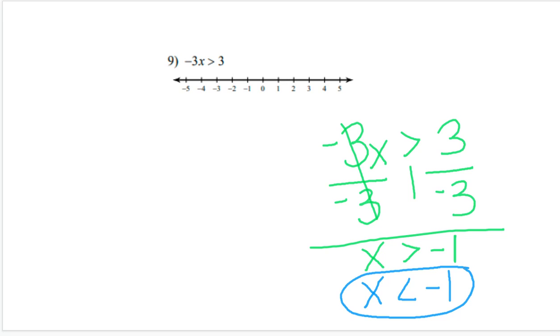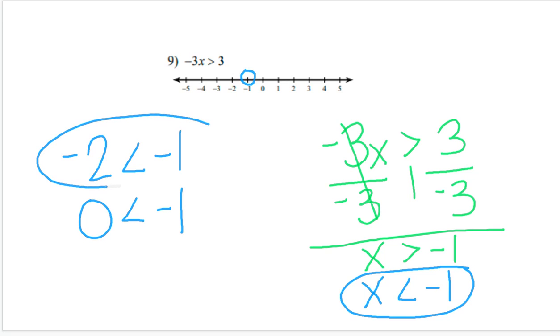So I have negative 1, and it's going to be an open circle because less than does not include the number. x is less than. So is negative 2 less than negative 1, or is 0 less than negative 1? Well, again, I know the bigger the negative number, the smaller it is. So this one would be true, and I would graph to the left.